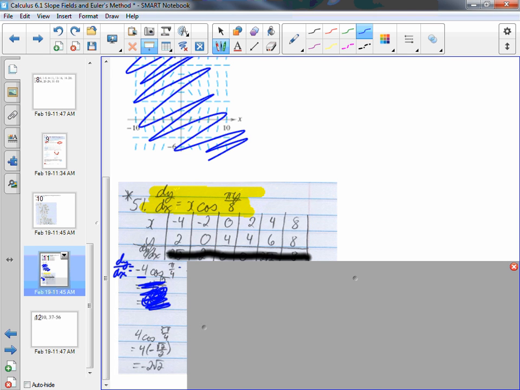All right, so what's the cosine of pi over 4? So I've got negative 4 times the square root of 2 over 2. Negative 2 square root of 2.